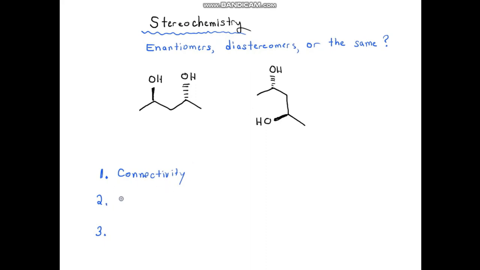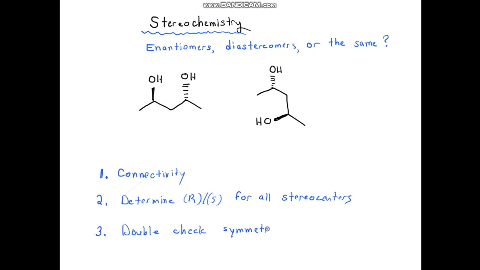The second thing is to determine R and S for all stereocenters. And the last thing is you want to double check symmetry. Usually we won't use this third step, but it does come into play occasionally, so it's important.